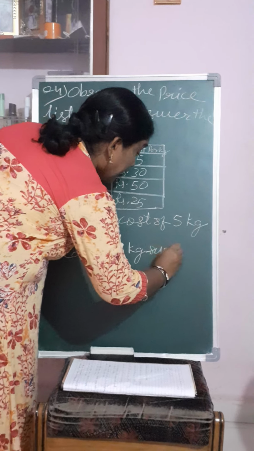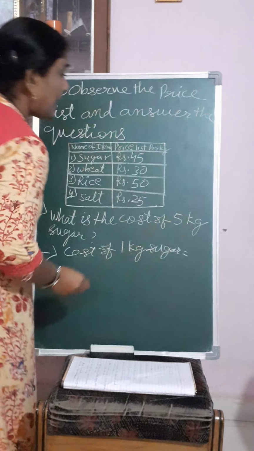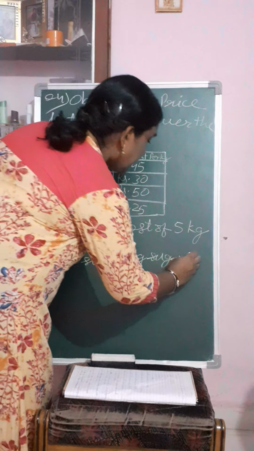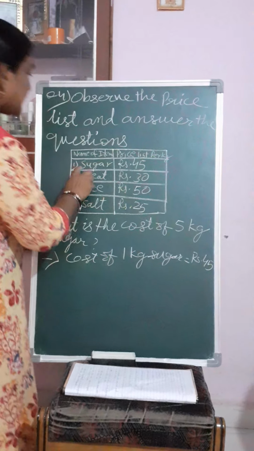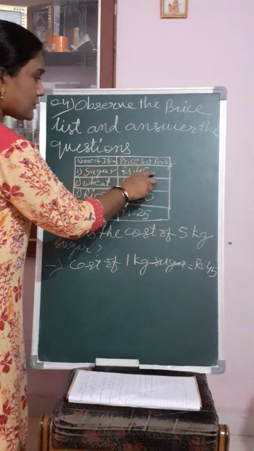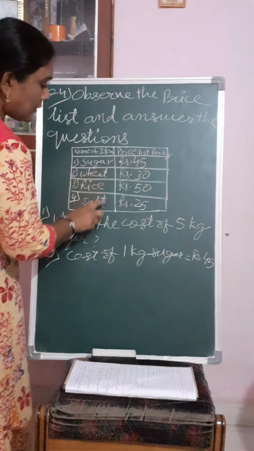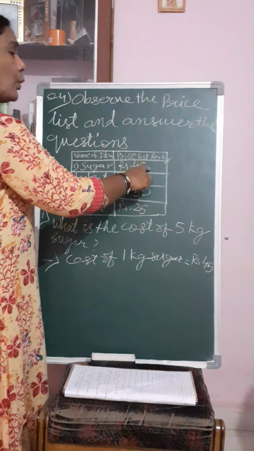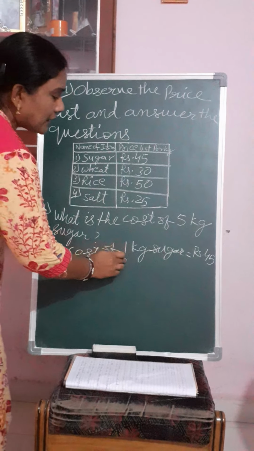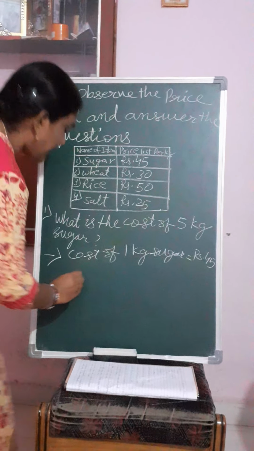children, as I am explaining with proper steps, I hope you will also solve the same way. 1 kg sugar cost is 45 rupees. Sugar means we have to see only sugar's price. No need to look at the others. So 1 kg sugar cost is 45 rupees.